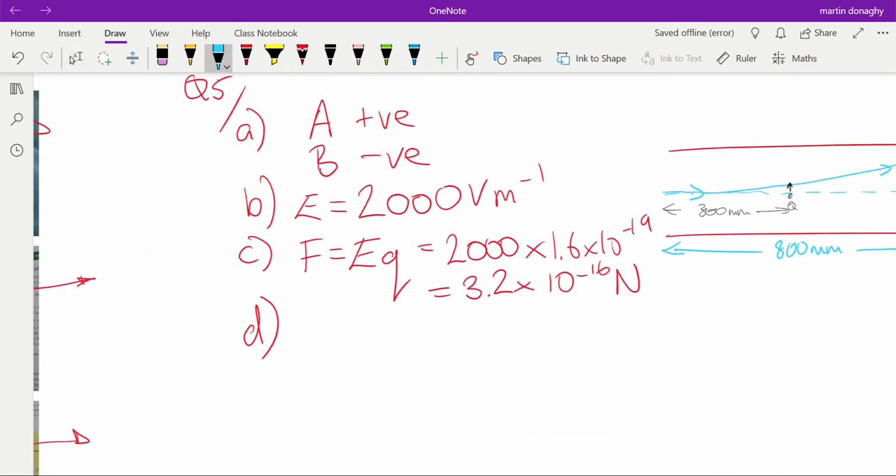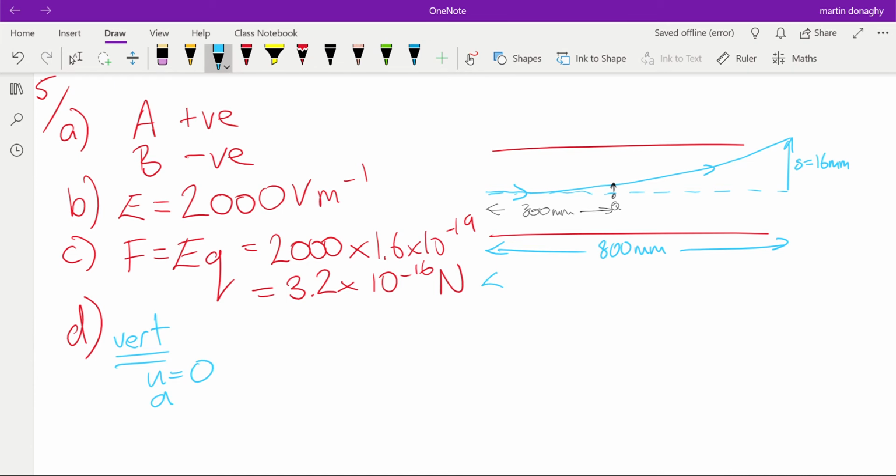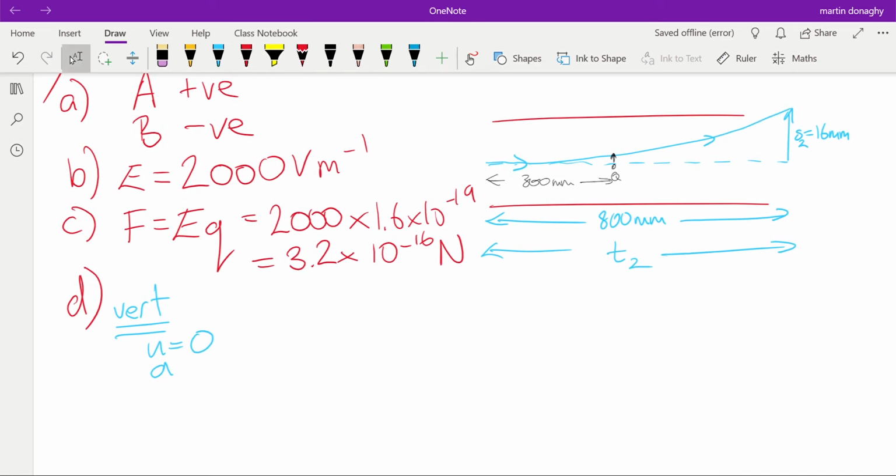So just looking at the vertical components of each of these, the vertical velocity at the start is 0. It will have some constant acceleration. Let's just call it A and leave it as A. We don't even have to work it out. And if we call the time taken to get from here across to the end T2, we'll then put a little subscript 2 in this displacement to say after time T2 the displacement is 16 millimeters.